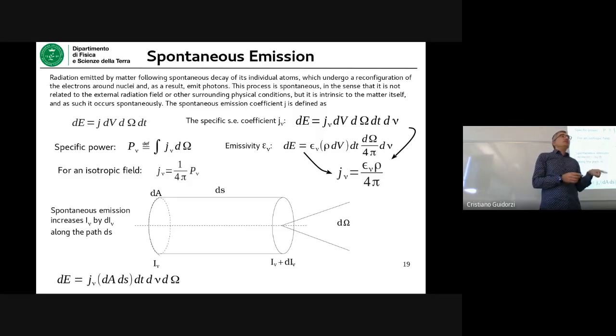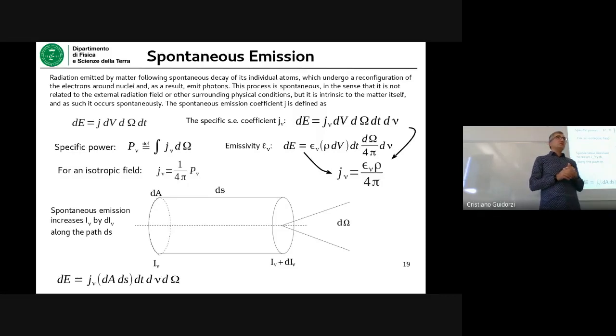But J nu, I remind you, is the amount of energy per unit volume, per unit time interval, per unit frequency, per unit solid angle. So we have to multiply J nu times the corresponding volume. And the volume is just dA times ds. So that gives us the volume, and then dt, d omega, d nu. That's indeed, by definition of J nu, the amount of energy which is produced within that volume by spontaneous emission. So I call this dE.